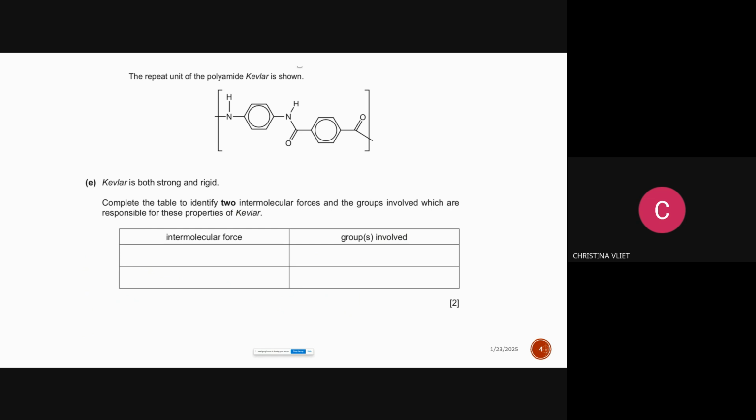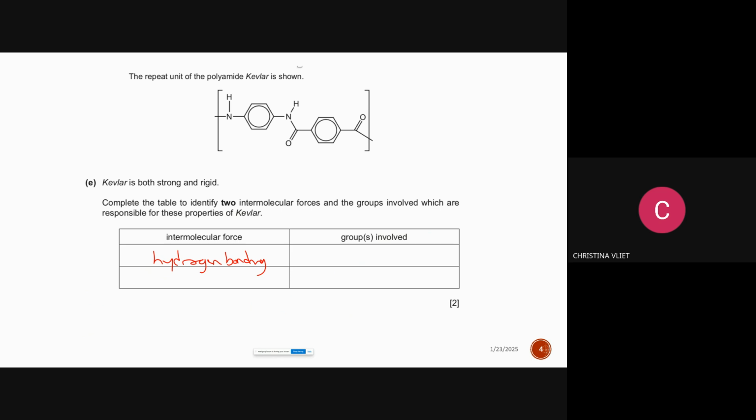Last 2. Another AS topic, intermolecular forces. I did put at least one question on the homework of intermolecular forces that I found. Here they're asking you for 2 intermolecular forces and what groups would have those intermolecular forces. I had picked, and many of you did as well, hydrogen bonding, and what would have been doing the hydrogen bonding?